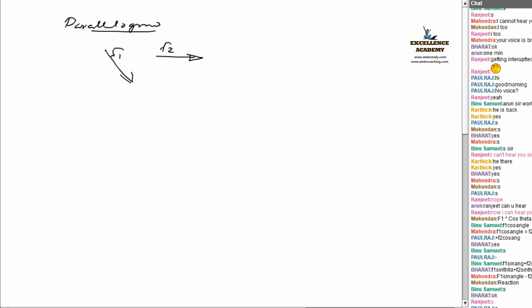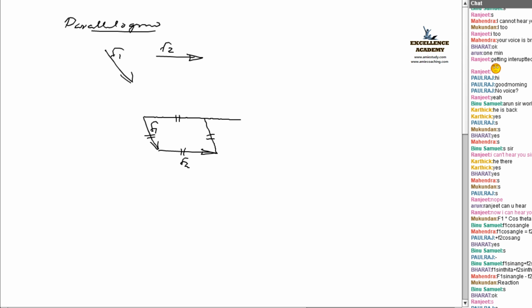I am going to represent it like that. Here F2 is acting like this and F1 is acting like this. Then I complete the parallelogram by drawing lines: these two lines are parallel, and you complete the parallelogram by drawing another line parallel to F1.